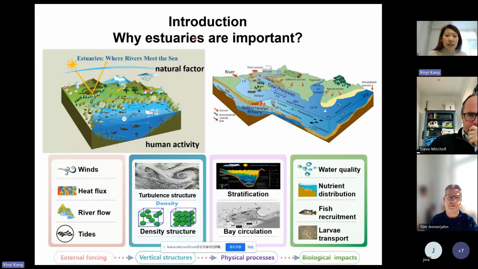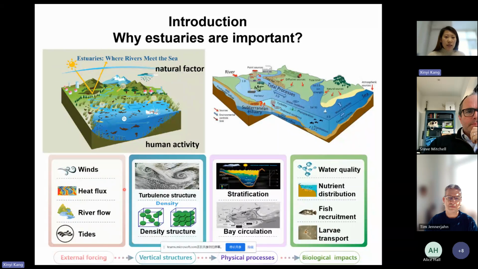The first question is why we care so much about estuaries. Estuaries, where rivers meet the sea, are crucial for the economy and ecology of nearby regions. As we know, the major external forcing agents, including winds, heat flux, river flow, and tides, determine the vertical structures of the water column and physical processes, and also influence biological impacts, including water quality, nutrient distribution, fish recruitment, and larvae transport.